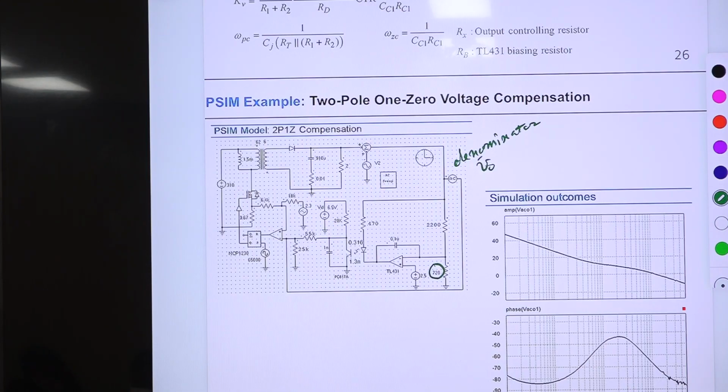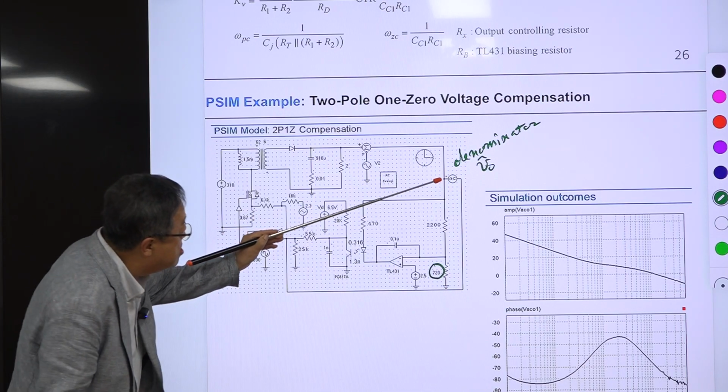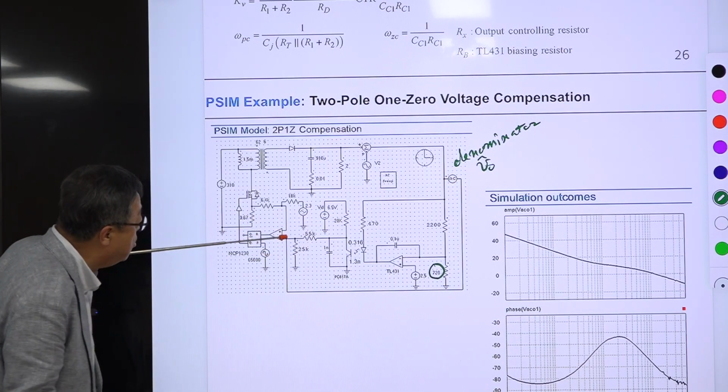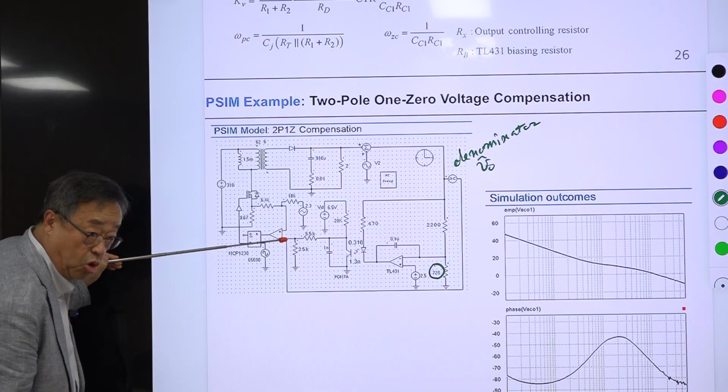The voltage head numerator is connected to the undotted terminal of this AC probe here. This is the control voltage.